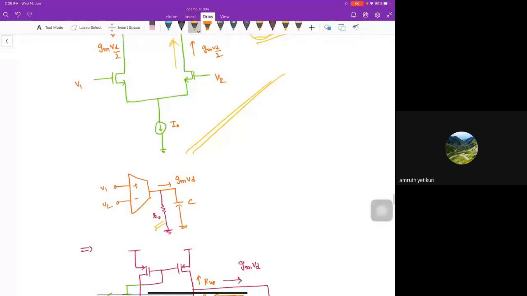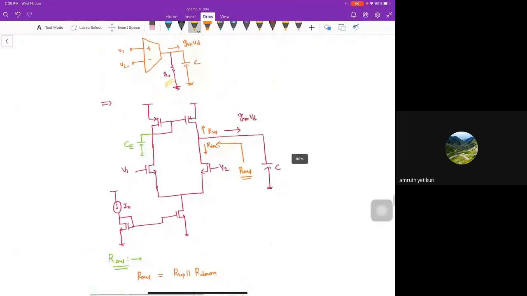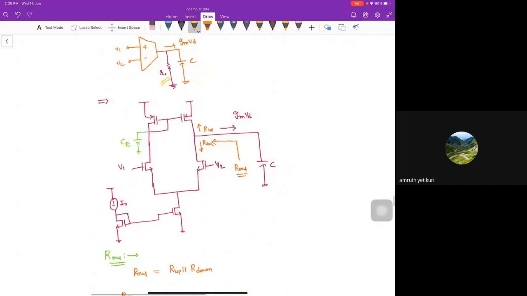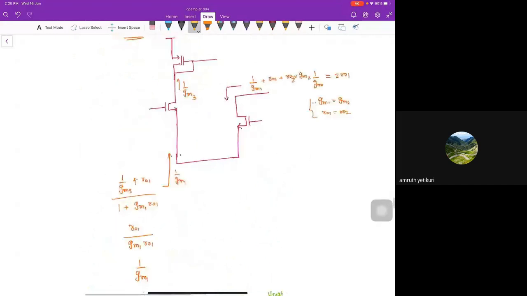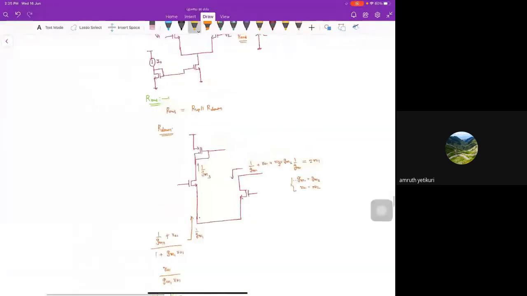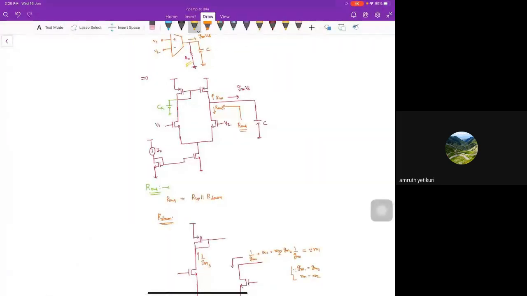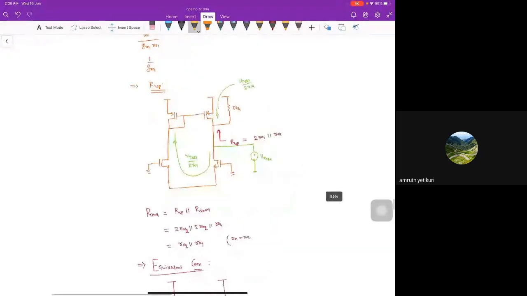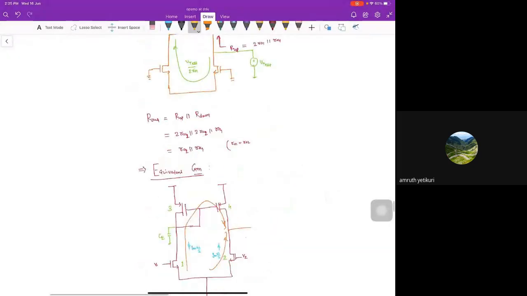We can derive that also, but please do it yourself, because it will take time, so I want to skip it. Its output impedance is found by looking at R up and R down, and you will get ROP parallel RON. So this is R output, which is RO2 parallel RO4.